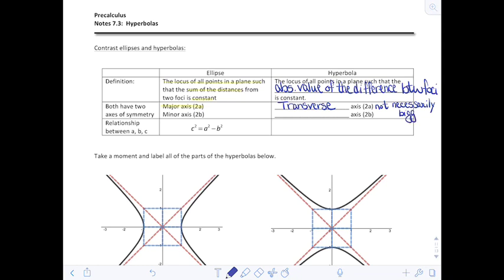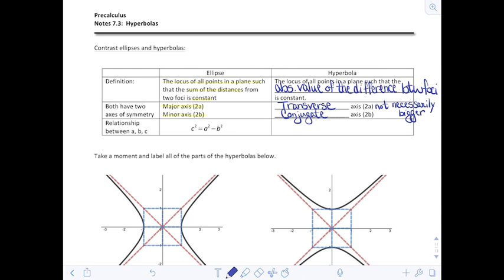As in an ellipse, the major axis is definitely bigger, but in a transverse axis in a hyperbola, that's not necessarily the case. The minor axis in an ellipse has a formula of 2b. In a hyperbola, we call that the conjugate axis. It also has a formula of 2b.